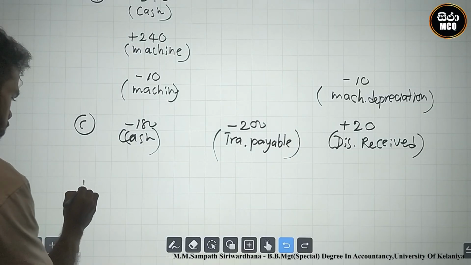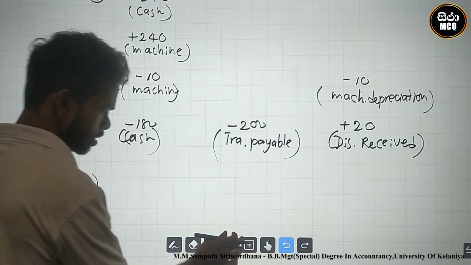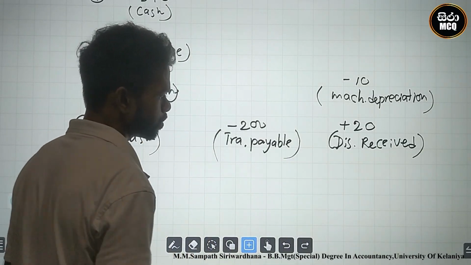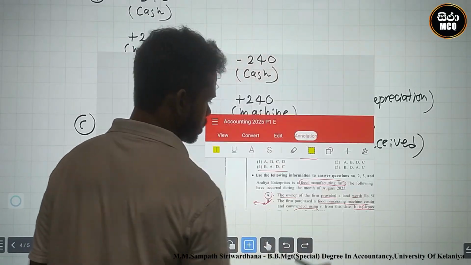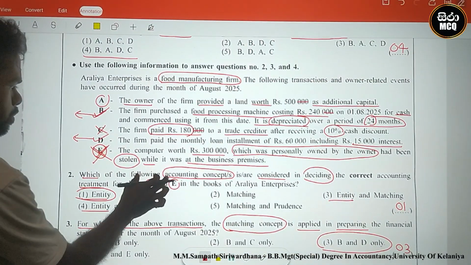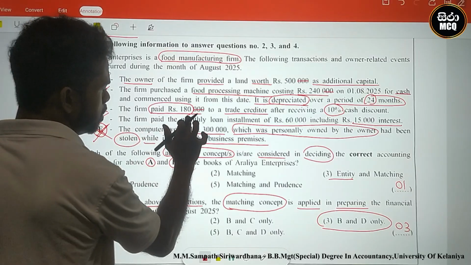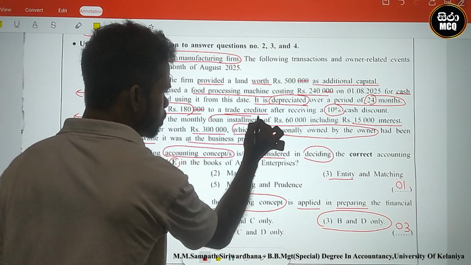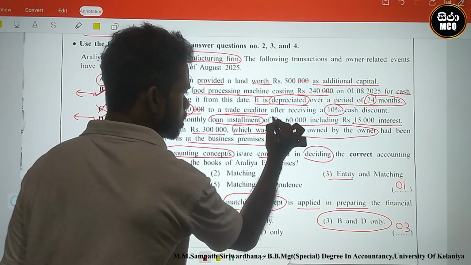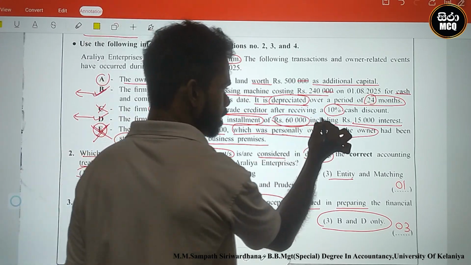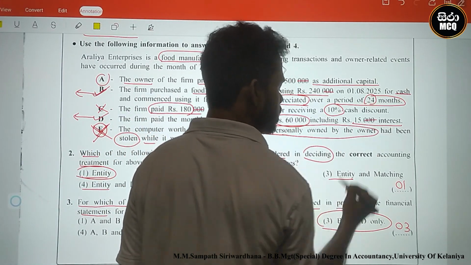Okay, next go to transaction D. There the firm paid a monthly loan installment of 60,000, including 15,000 interest.